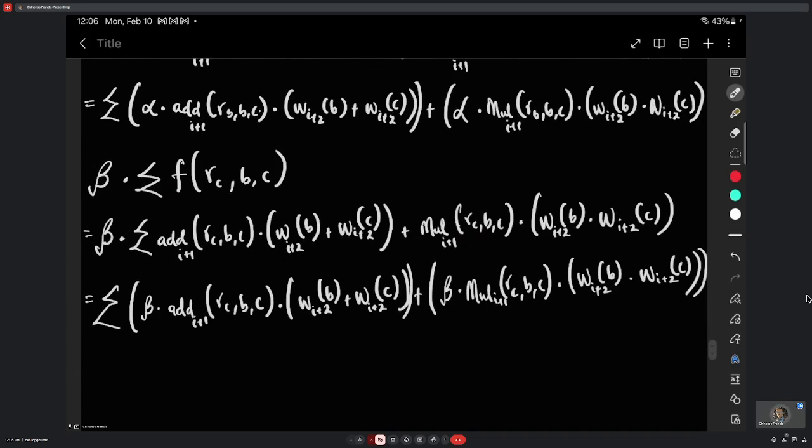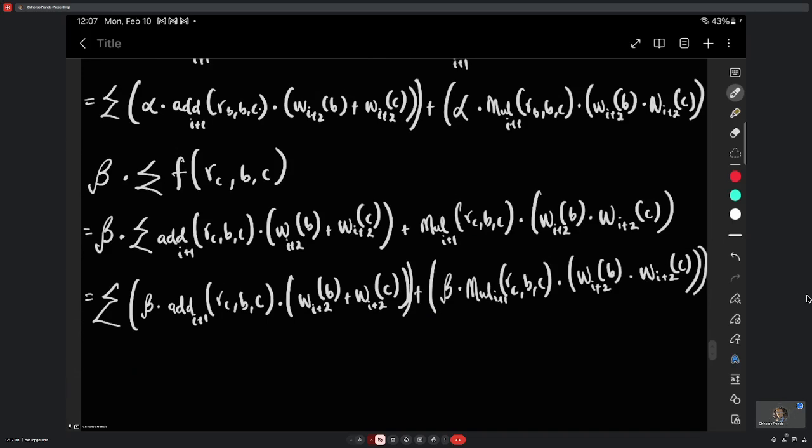Actually, the goal is that we're trying to see if it's possible to separate alpha add I, mul I, beta add I, mul I from W, to give the verifier the ability to do everything with the alpha, the mul I, beta, and all, so that the verifier can just wait for the prover's response, which will be this W(I plus 2) of b and W(I plus 2) of c.